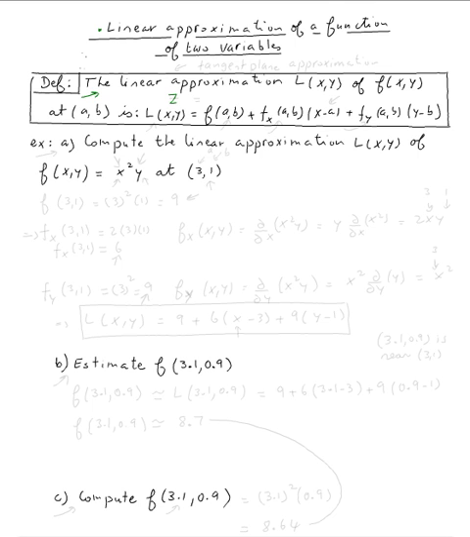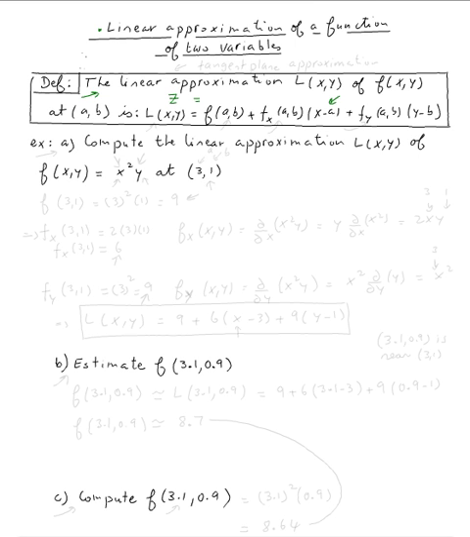And sometimes instead of using L of x,y, we just say z equal, and same thing on the right side. So this equation, the right side, comes from the equation of the tangent plane at the point (a,b). That's why sometimes we call it the tangent plane.